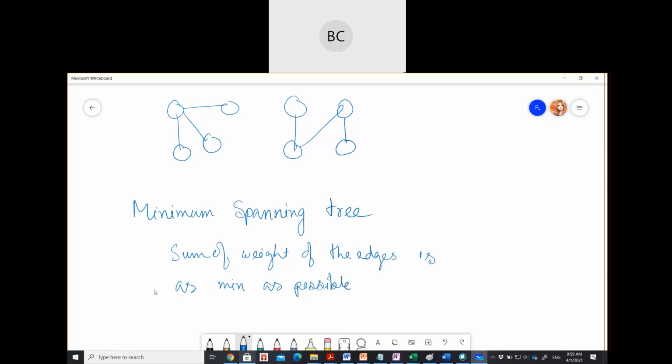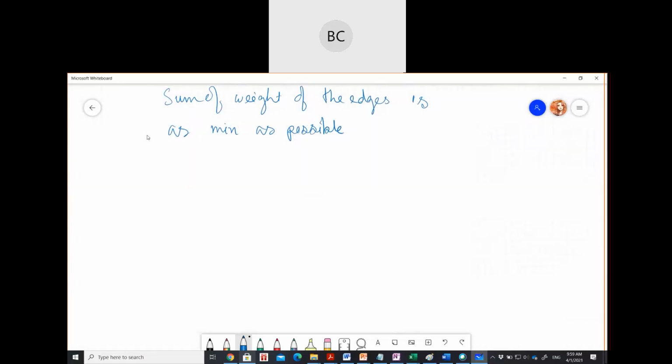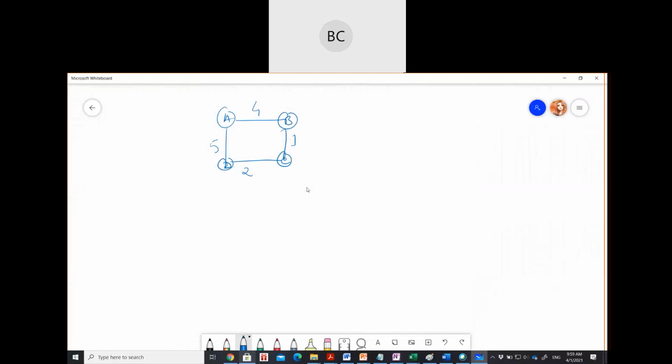Okay. So let's take the same graph, and now I'm naming the vertices A, B, C, and D, and the values are 4, 1, 2, and 5. Okay, this is your initial graph. So I'm drawing some of the possible spanning trees.